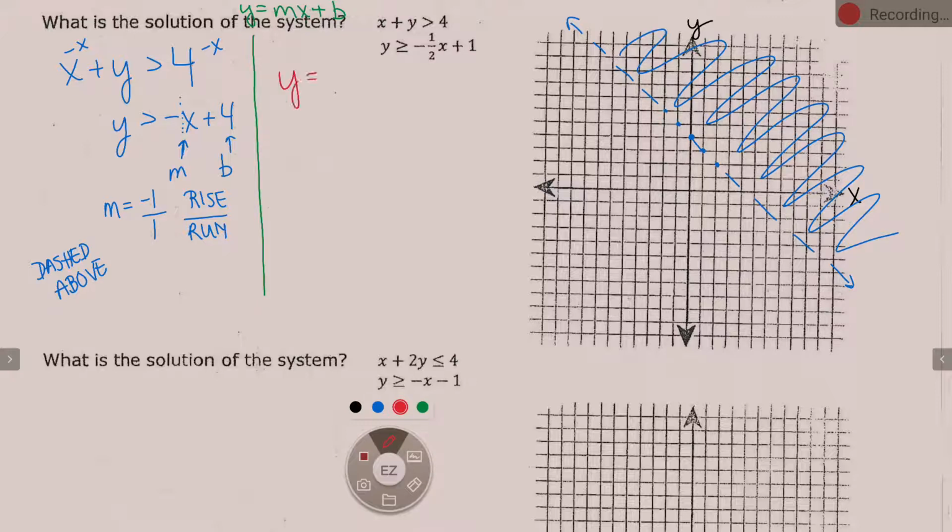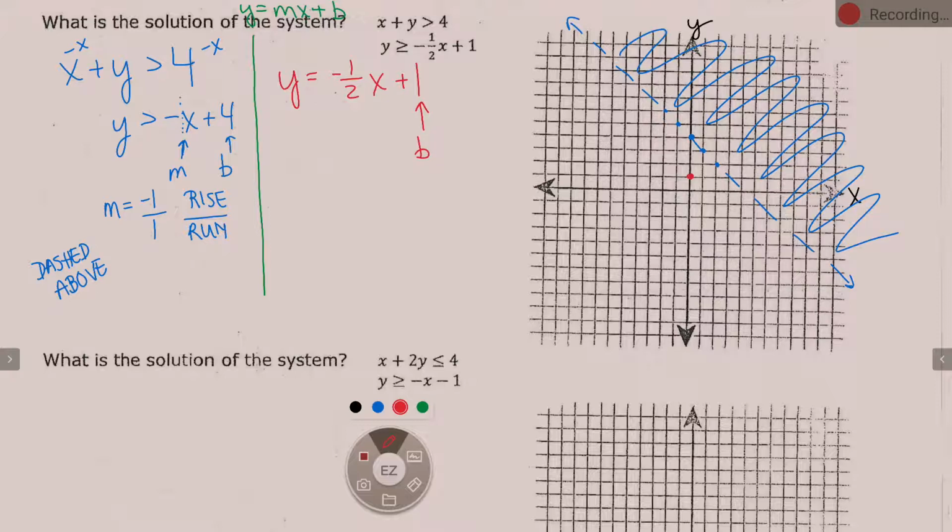Ready for your other one? y equals negative 1/2 x plus 1. What do you notice about this one? We don't have to do anything. Yeah, it's y equals mx plus b already, isn't it? That makes life better. One less step. So, where does my graph start? My b value is 1. So y-intercept of 1 means I'm going to go up 1.